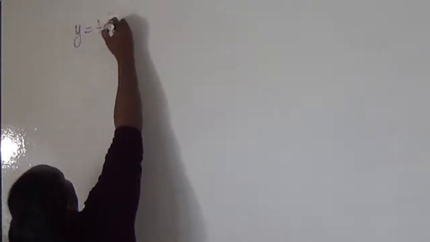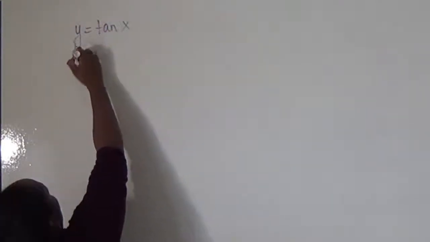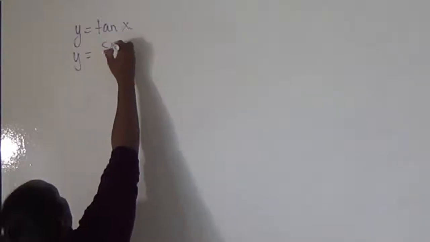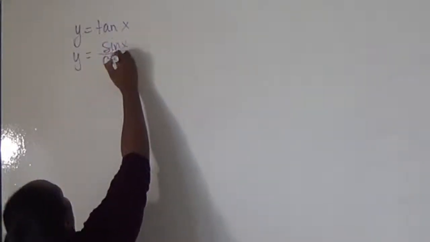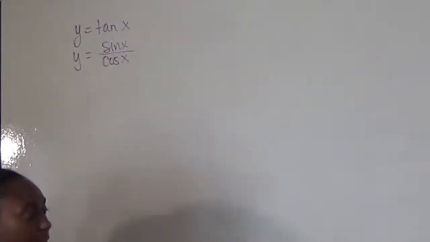We can also look at our tangent and our cotangent functions. So again, we can think y equal to tangent of x, which we can think of as sine of x over cosine of x. Okay.